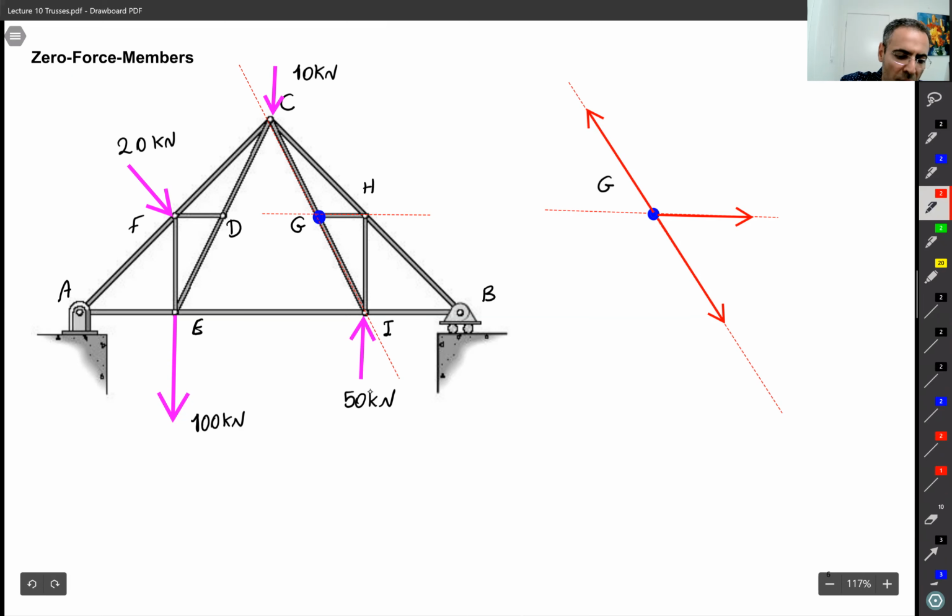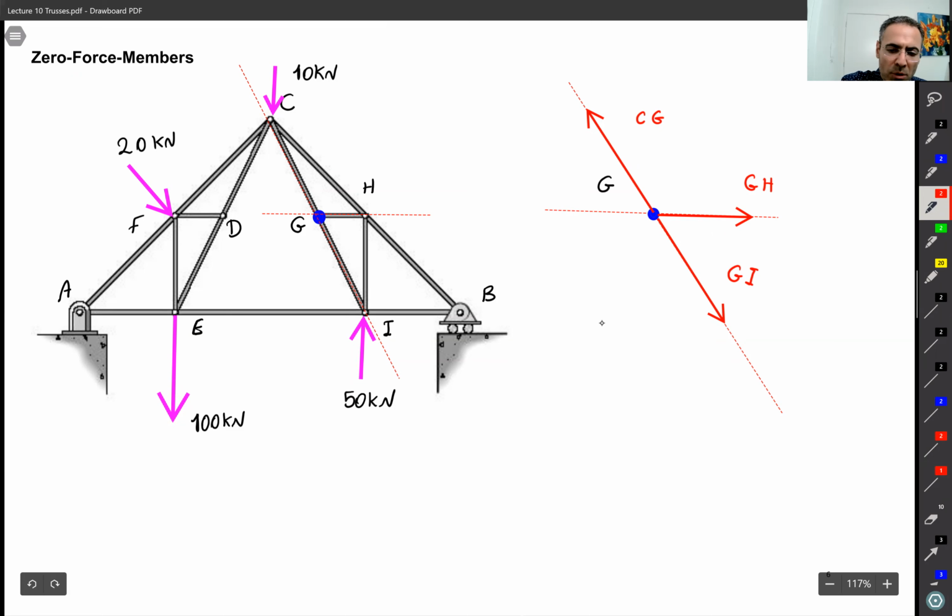They apply load along the link, along the line of action of the link. So this force is GI, this one is GH, and this one is CG, all right? So remember, for simplicity, instead of writing FGI, we just write GI. And by GI, we mean the force in GI.